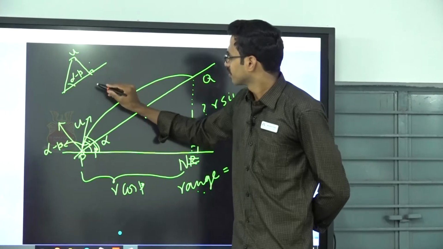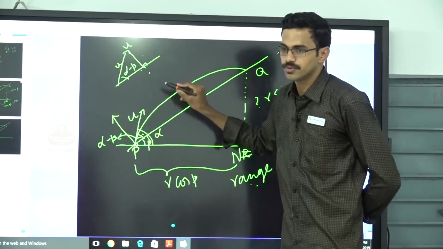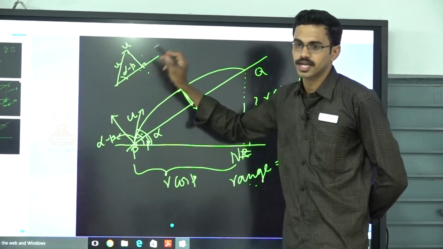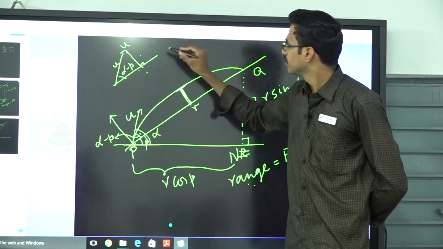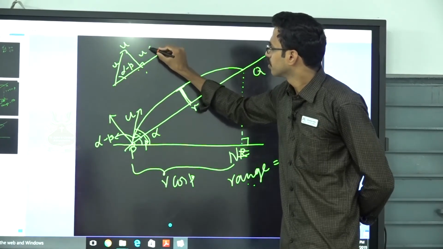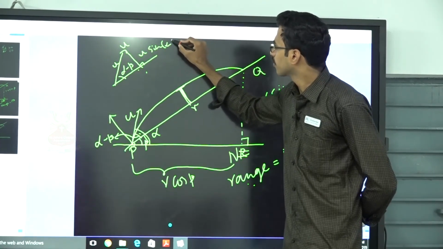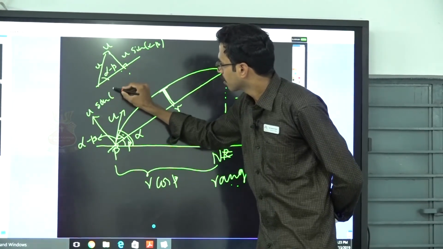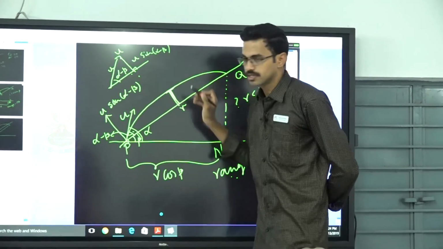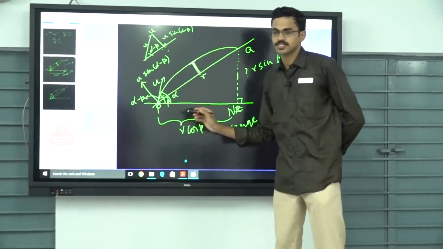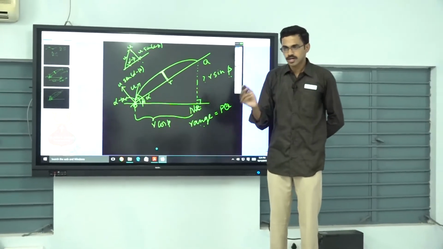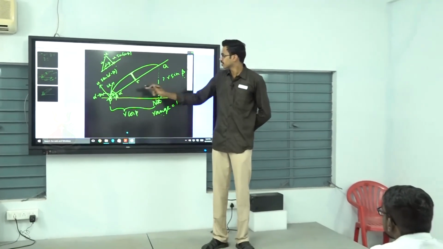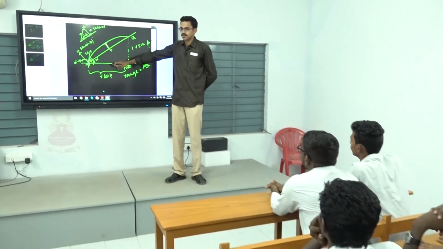What is that? This is u, this is the opposite side to that angle, then what happens? It becomes u sin alpha minus beta. Similarly, the horizontal velocity is u cos alpha minus beta, but we don't need it here, okay.